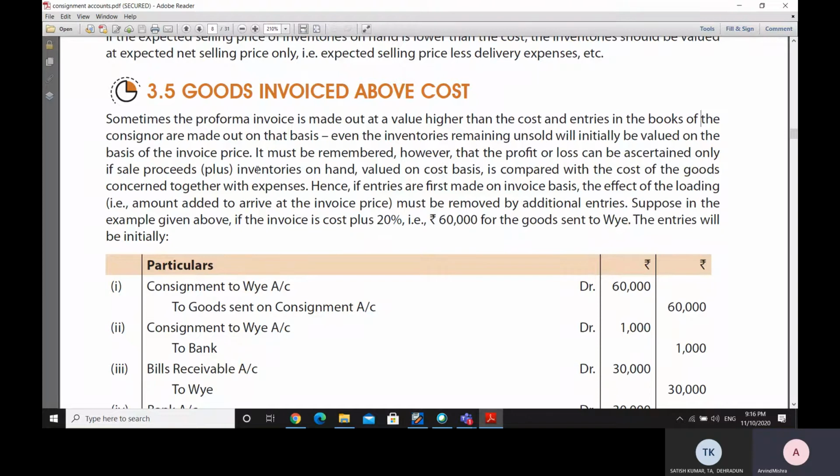Now, it must be remembered, however, that profit or loss can be ascertained only if the sale proceeds plus inventories on hand are valued on the cost basis.